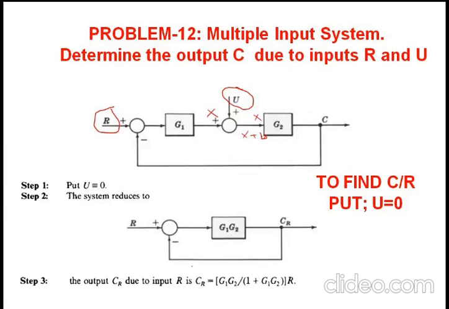Now if you observe this diagram, G1 G2 is in feedback with this unity feedback value 1. The resultant combination will be G1 G2 by 1, that is the combination of these particular blocks will be G by 1 plus GH.